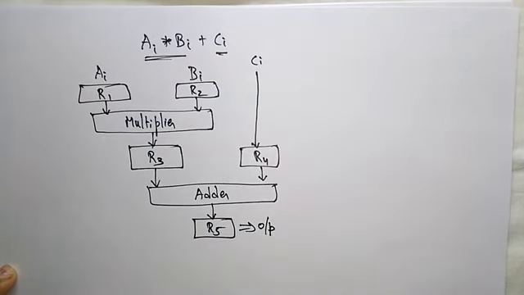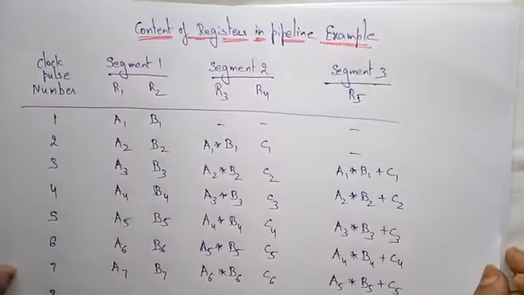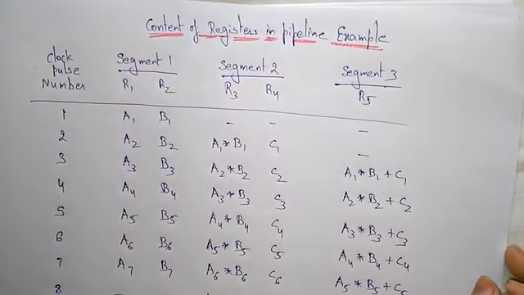Okay. So let us see how the contents of these values will be stored in the form of pipelining. Here the Ai, Bi and Ci, we have taken i from 1 to 7. So this is the content of the registers in the pipeline.